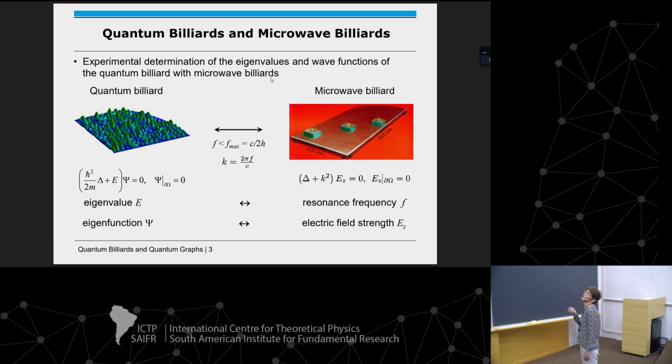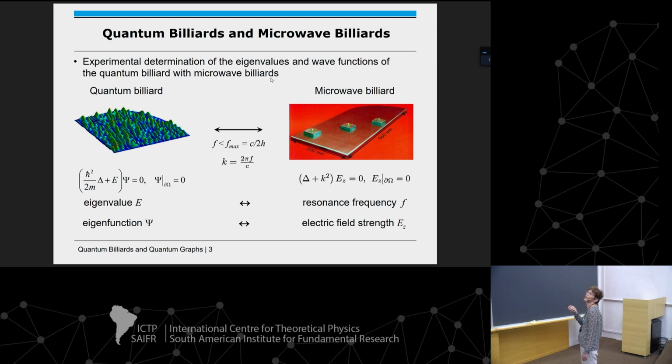When you do experiments with a microwave billiard, there's a certain frequency below which the electric field of the microwave is perpendicular to the top and bottom. There the Helmholtz equation, which usually is a three-dimensional one, is only two-dimensional. Below this critical frequency, you have a scalar Helmholtz equation, and its form is exactly the same as the Schrödinger equation of the corresponding quantum billiard.